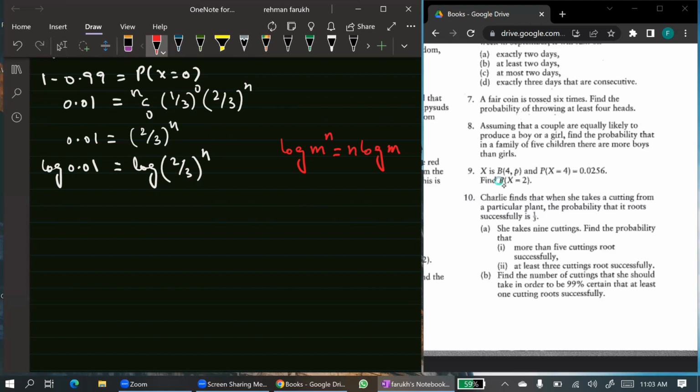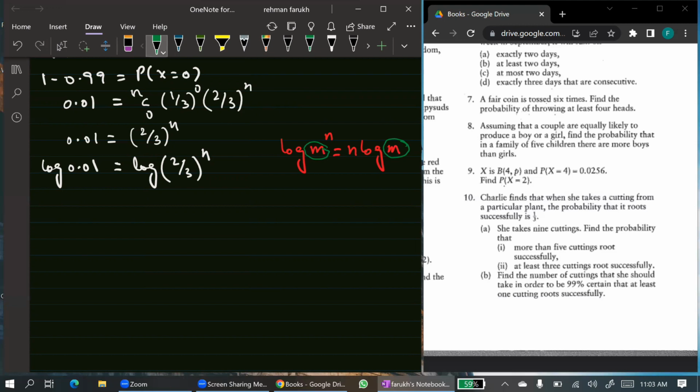M is known as the argument, and the argument has the power n. Now, the power of the argument can be written as a coefficient.